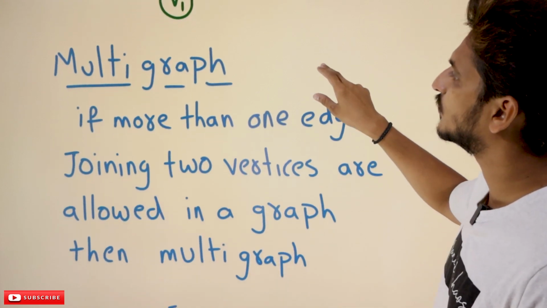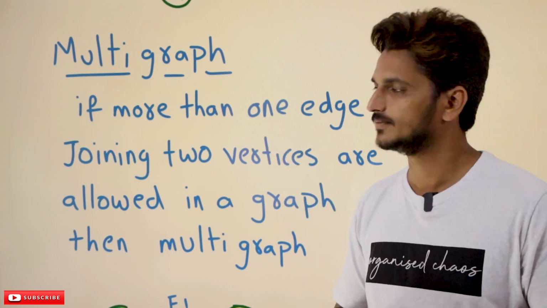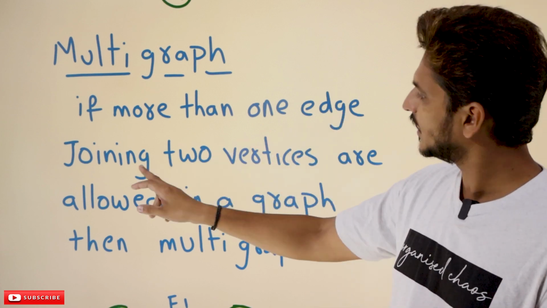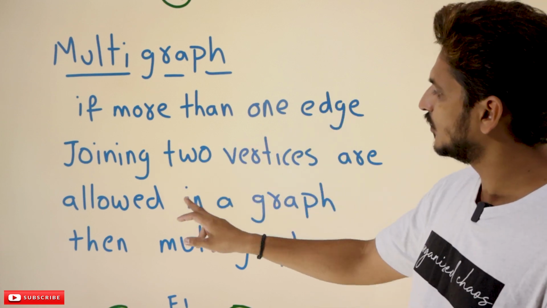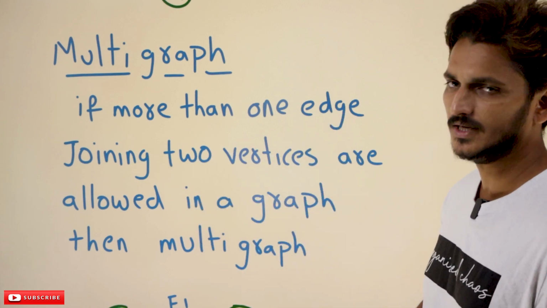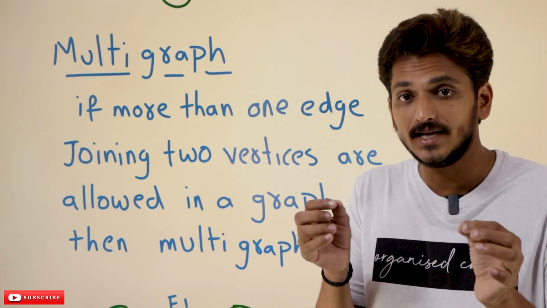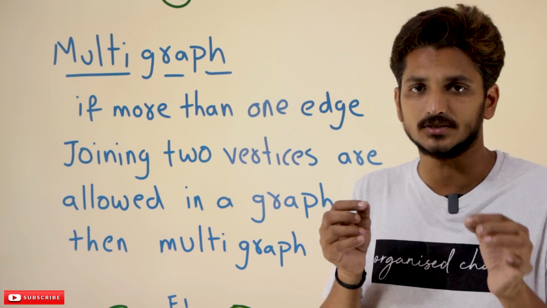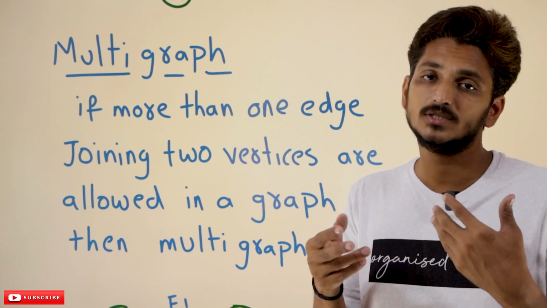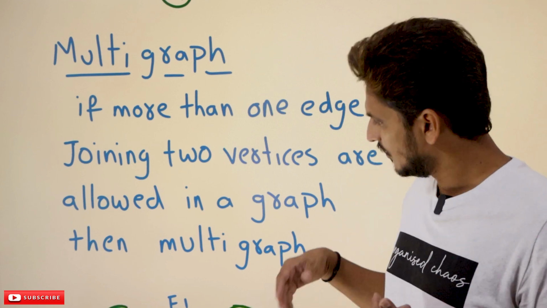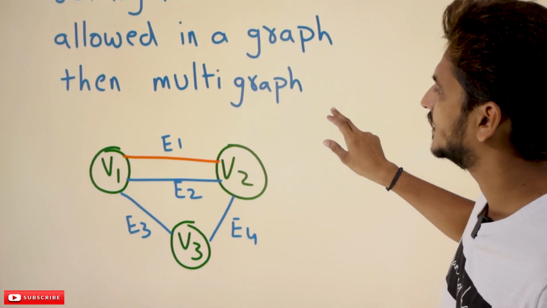Now let's try to understand what is meant by multi-graph. If more than one edge joining two vertices is allowed in a graph, then we say it is a multi-graph. Simply, if more than one edge is allowed to join two vertices, then multi-edges are available for two vertices. With the example, you are going to understand it better.